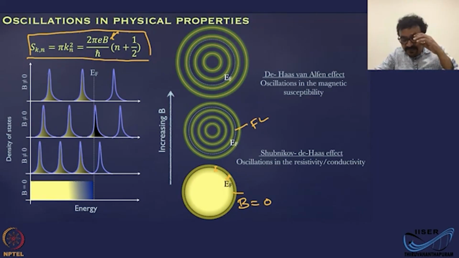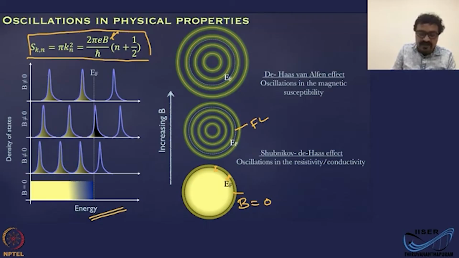So now this is going to create some very interesting situation. I have kind of put the same picture here. So you have B equal to 0, the continuum distribution, and the moment B is not equal to 0, you have these Landau levels.